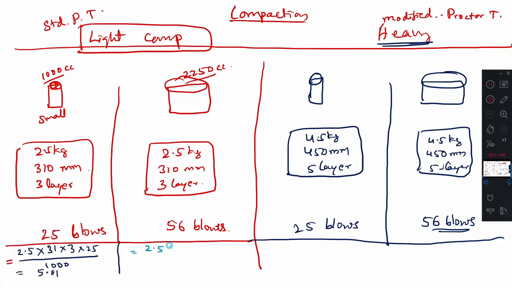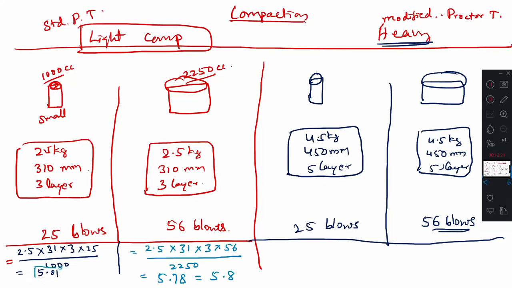Very interestingly, if I do this calculation for the other one, the hammer is 2.5 kg, drop is 31 centimeter, layers is 3, blows is 56, divided by 2250. Then the answer is how much? 5.78, rounded to 5.8.